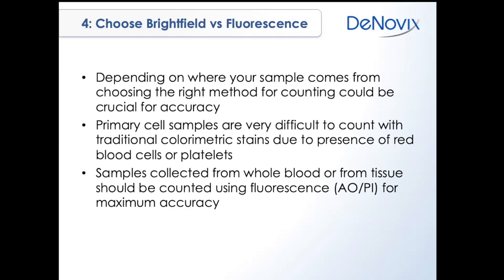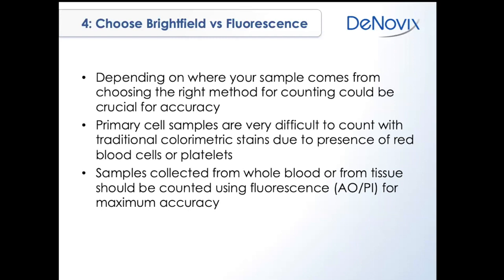If you're working mostly with primary cells, so whole blood or ground up lymph nodes or something like that, you're going to have a lot of additional debris, red blood cells, tissue debris in that sample that are going to be tough to count with a colorimetric stain or trypan blue.